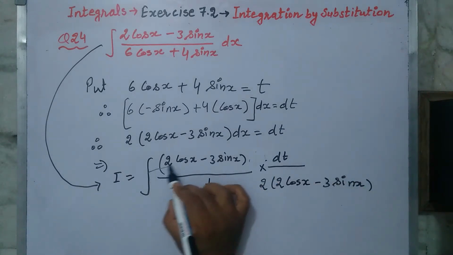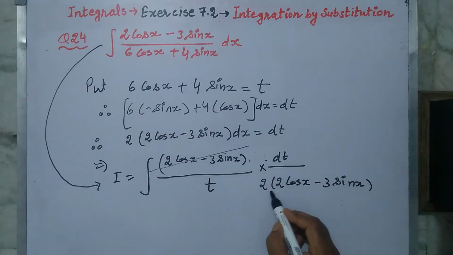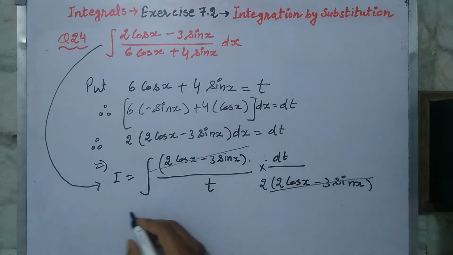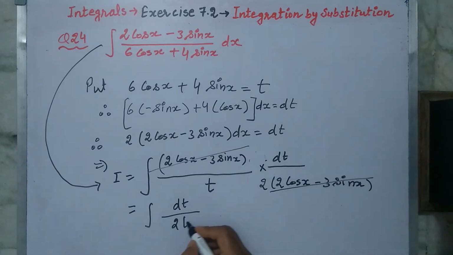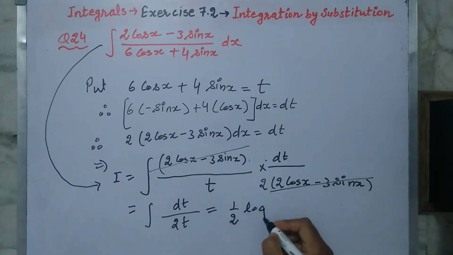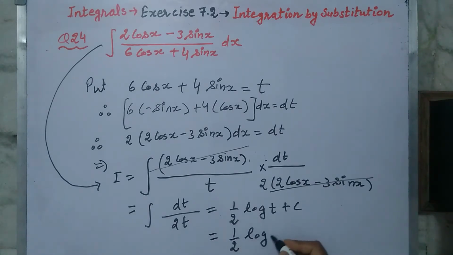So we see 2 cos x minus 3 sin x is the same in both, so we cancel them. We are left with dt upon 2t. So what is the integration now? 1 upon 2 log of t plus c. Now the original value of t is substituted here: log of (6 cos of x plus 4 sin of x) plus c is the final answer of the question.